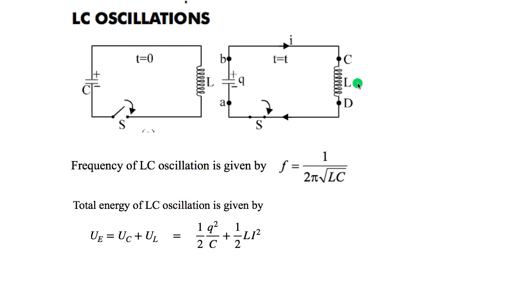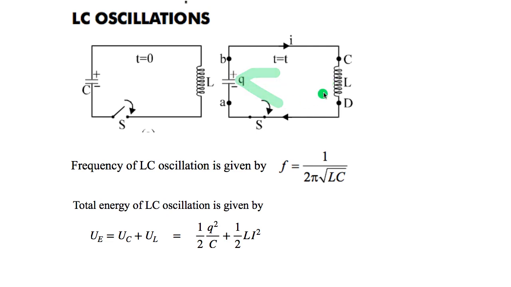And then the energy is now stored in the inductor. The entire energy is transferred to the inductor. Then the inductor, having stored magnetic potential energy around the L, now transfers it to the capacitor once again.